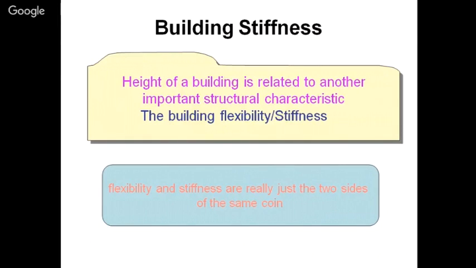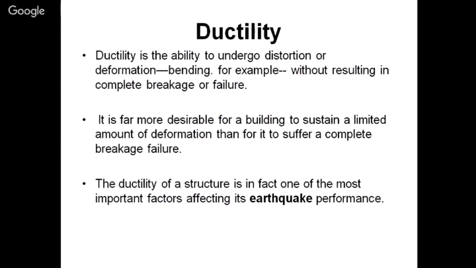The height of a building is related to another important structural characteristic, the building flexibility and stiffness. Flexibility and stiffness are really just two sides of the same coin. Ductility is the ability to undergo distortion or deformation, bending for example, without resulting in complete breakage or failure.